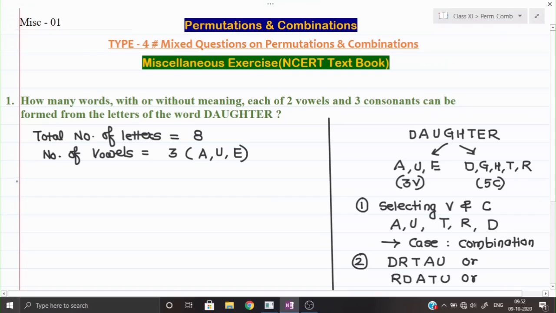Then we shall mention the number of consonants, which is equal to 5. Who are they?